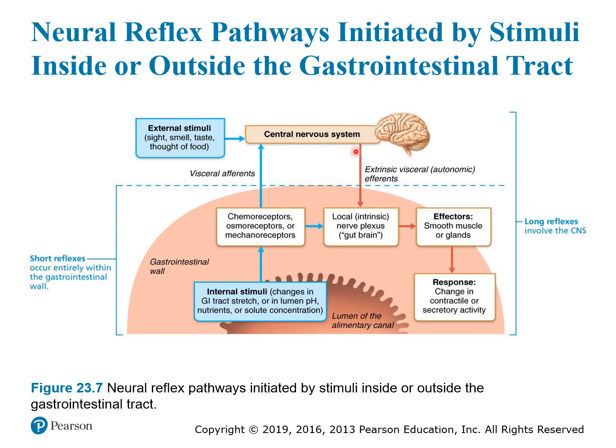The central nervous system sends its responses via extrinsic visceral efferents, belonging to the autonomic nervous system, to the local intrinsic nerve plexus. Then the local intrinsic plexus sends signals to the effector smooth muscles or glands, and the change comes. In this way, because of these long reflexes, the higher centers can make changes in the response.